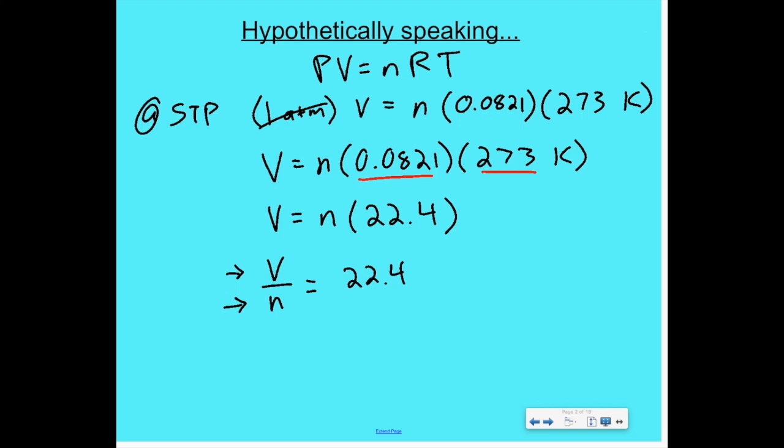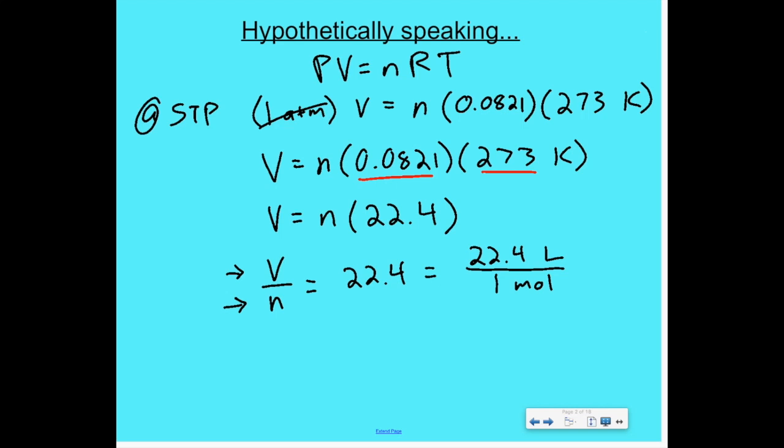So another way to say that is there are 22.4 liters, remember that's our unit for volume, per 1 mole. And this ends up being a basic true fact at STP.